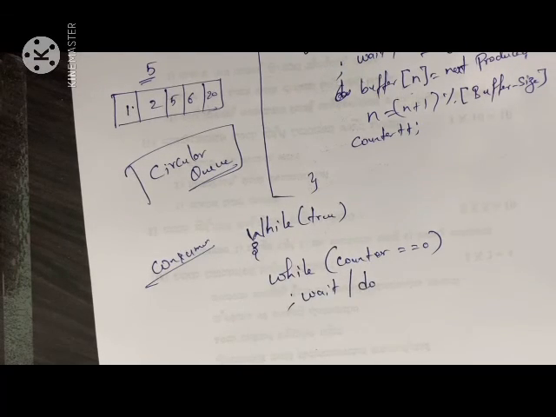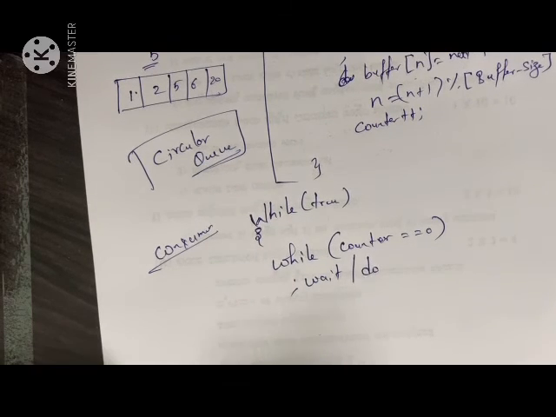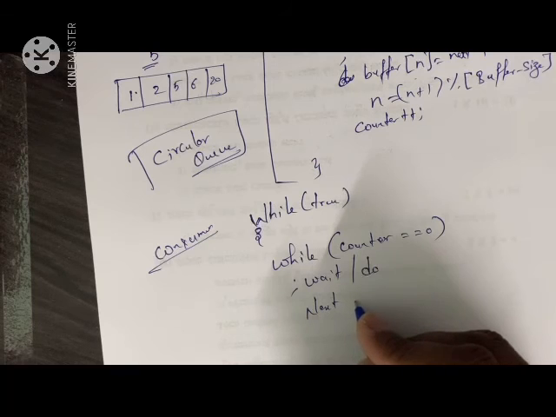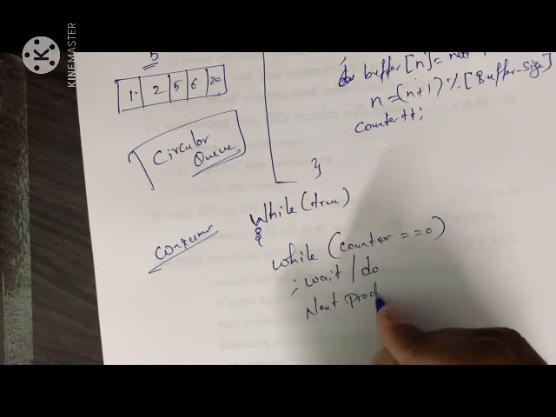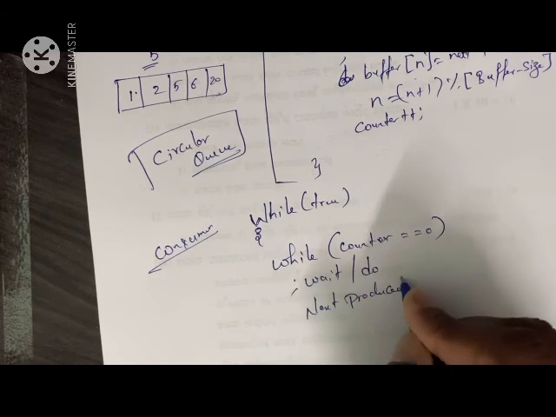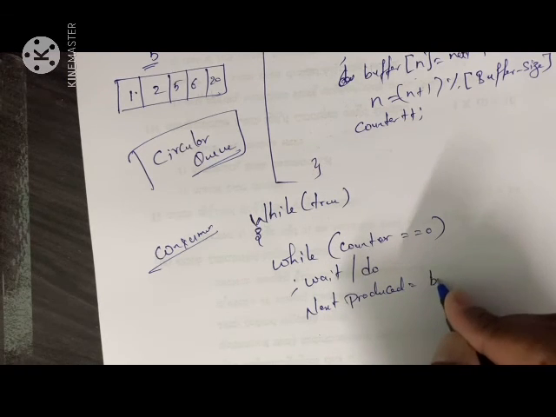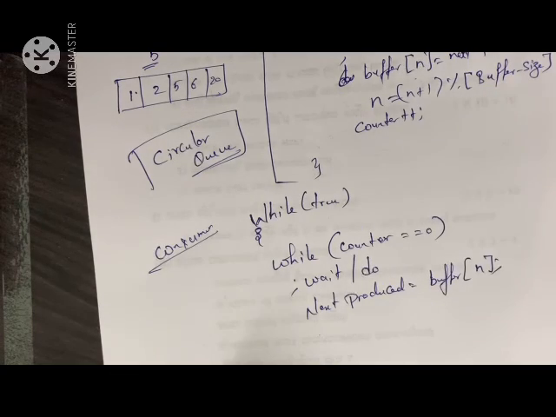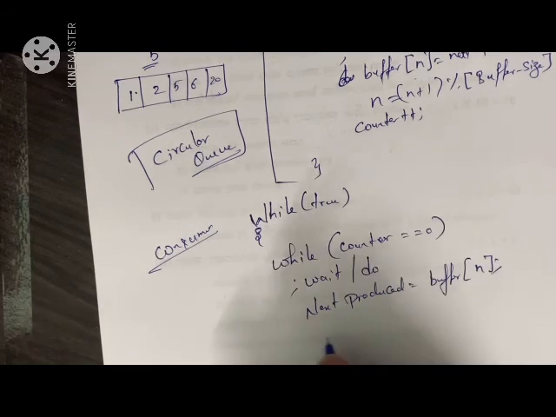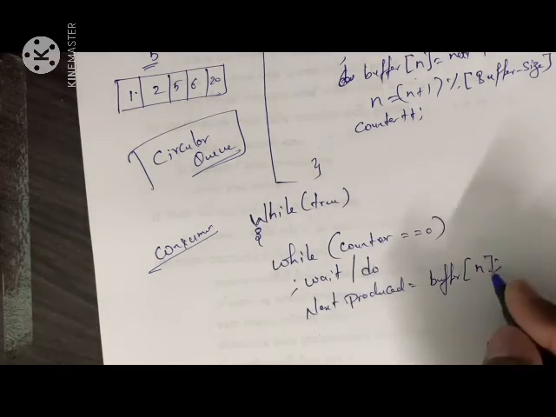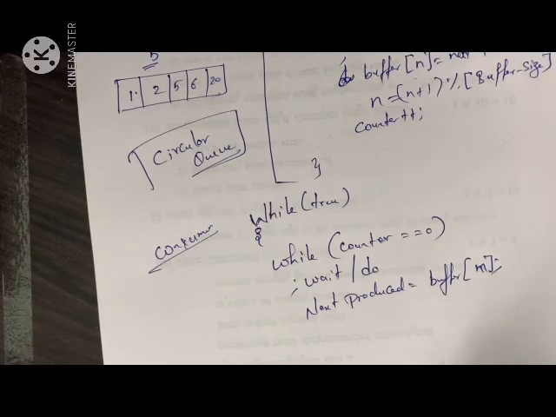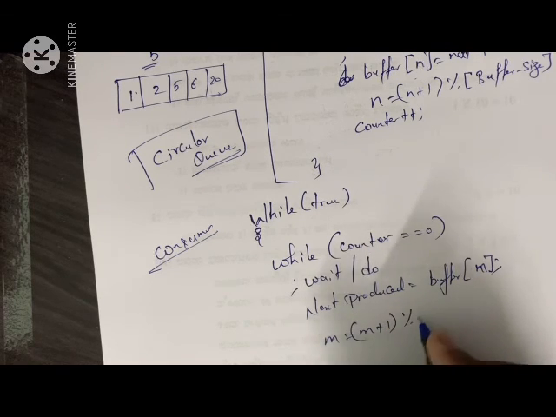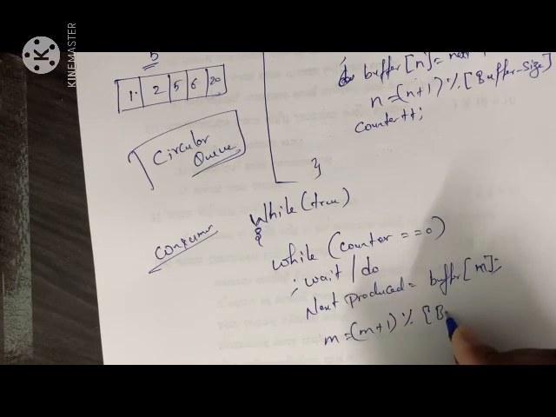Once it is not empty, we will take the next product from the buffer and call it next consumed. Once it has been taken out, out will be incremented: out equals (out plus 1) modulus buffer size.